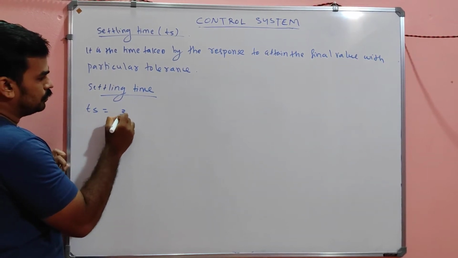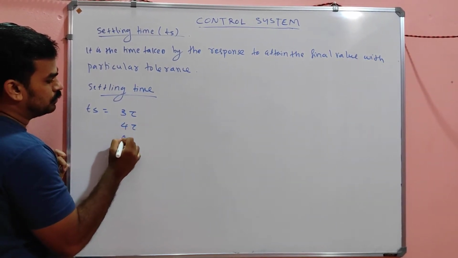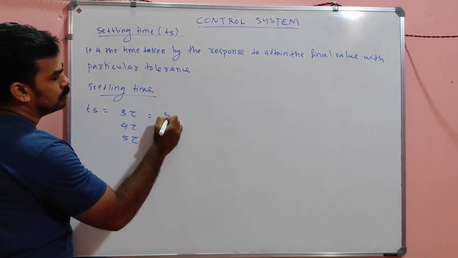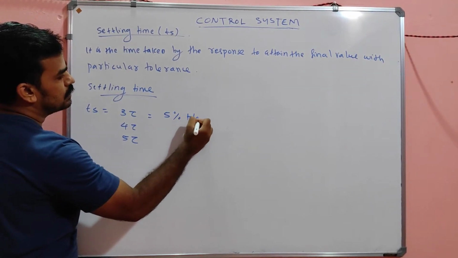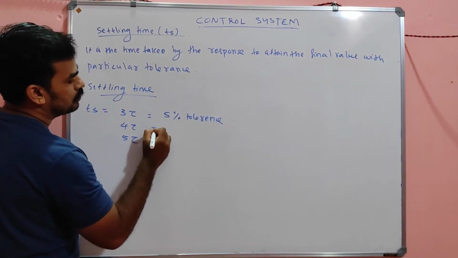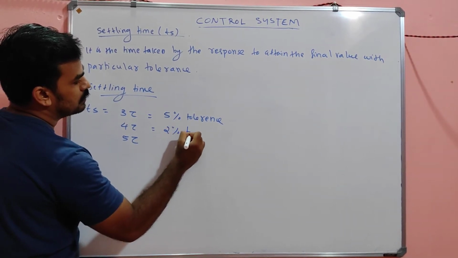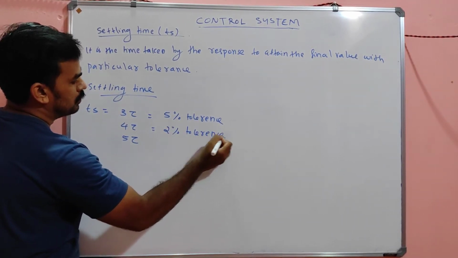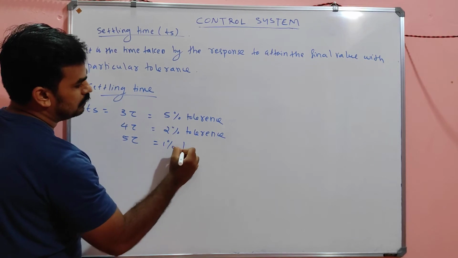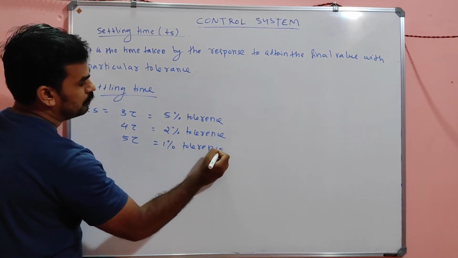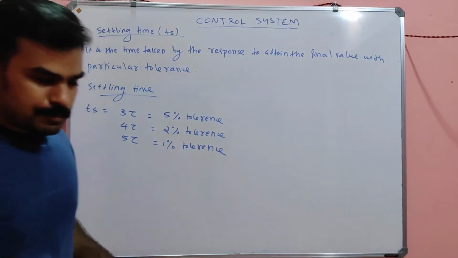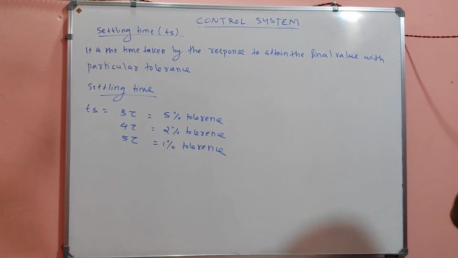T is equal to 3 tau, 4 tau, 5 tau for 5% tolerance, 2% tolerance, 1%. I will explain what this is after taking second order.